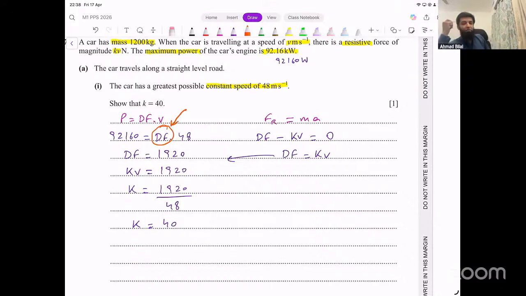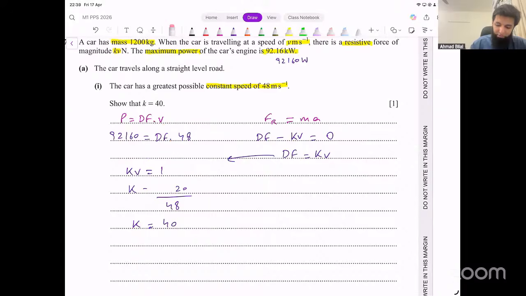In this very step, you could input driving force equal to K times V. So you could reduce this working. You could say driving force is K into V directly. The value of V is also known, right? You can input that here, K into 48. And that will give the value for K, which is 40.